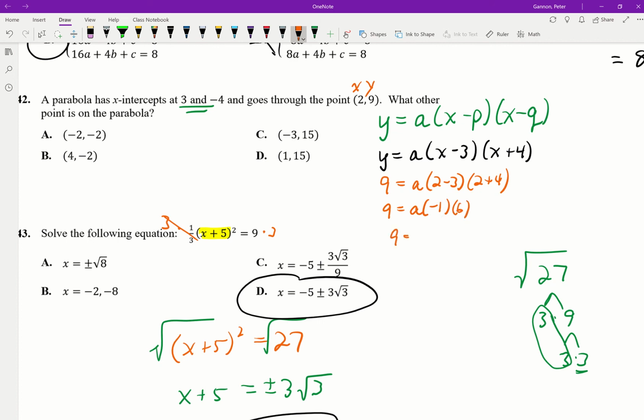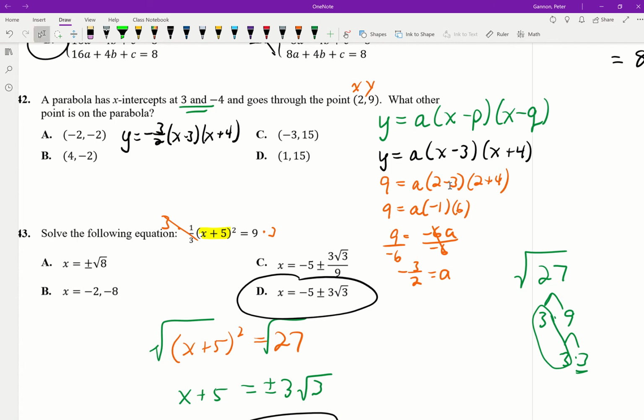So 9 is equal to negative 6a, divided by negative 6. All right. This basically gives us negative 3/2. So our equation is y equals negative 3/2 times x minus 3 times x plus 4.